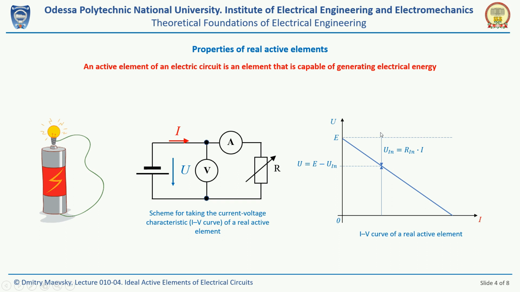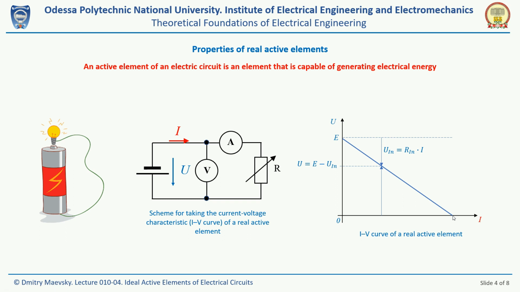As can be seen from this graph, when the current through the active element increases, the voltage on it decreases. That is, the current voltage characteristic has a decreasing character.